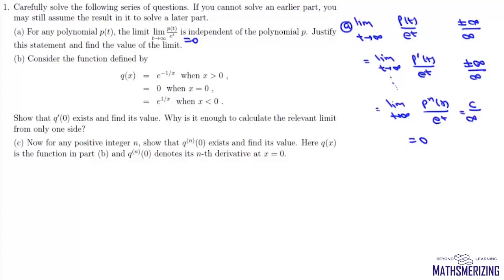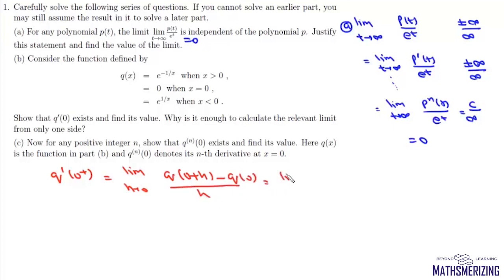Now part B is, show that q dash 0 exists and find its value. And why is it enough to calculate the relevant limit from only one side? Now we'll find q dash 0 positive. Now q dash 0 positive will be the limit as h tends to 0 of q(0 plus h) minus q(0) upon h.